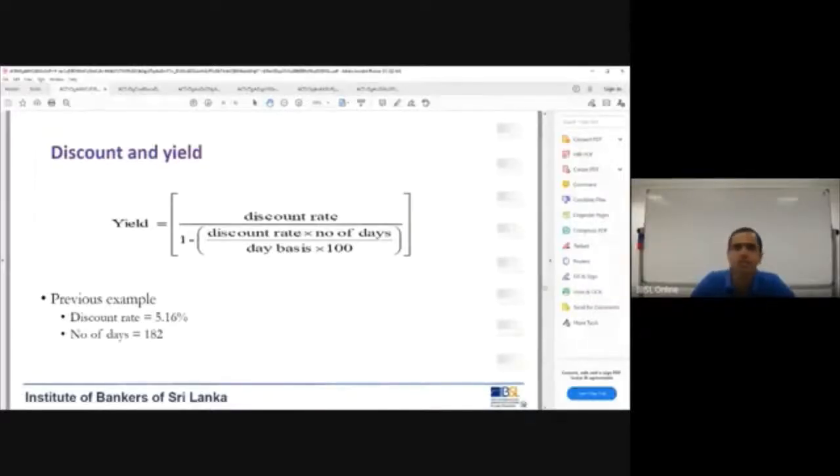We did the basic introduction to bonds. We discussed yield and discounts. What you should remember is that a discount is based on the face value, whereas yield is basically the return that you get on your investment, right?